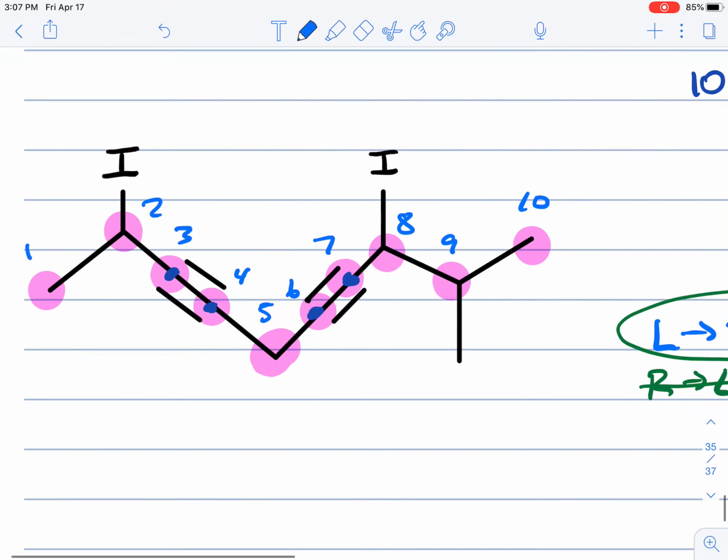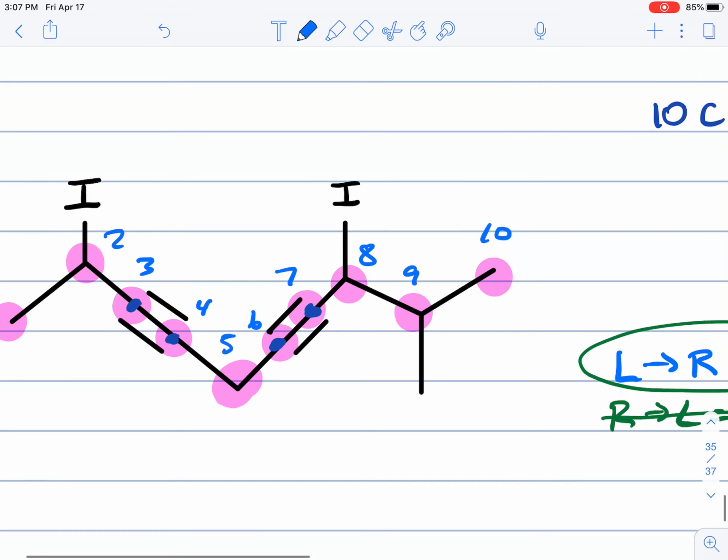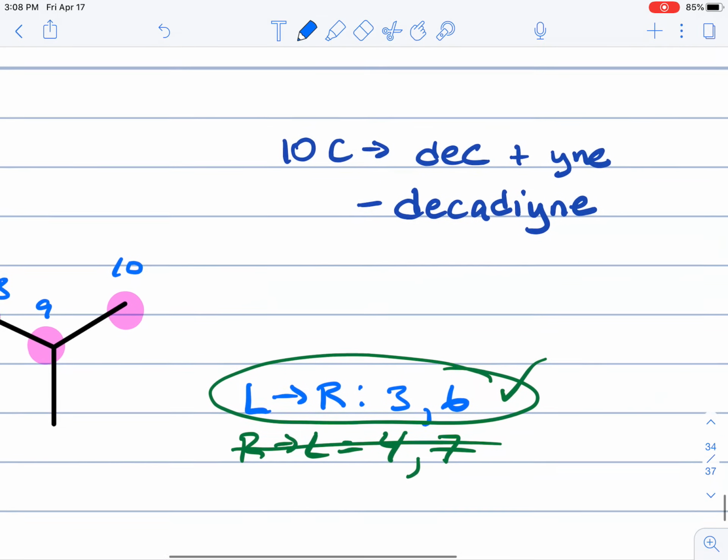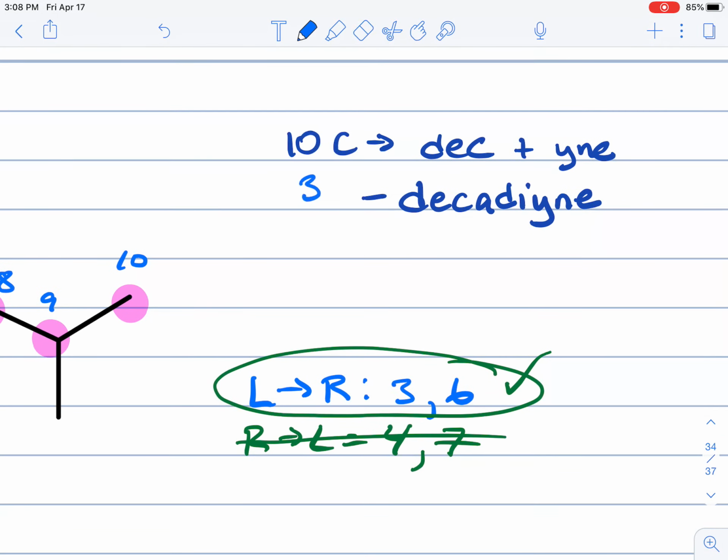Now that I have my numbering system intact, at carbon 3 and at carbon 6 I have my triple bonds. So I'm going to put in 3, 6, and this 3, 6 is going to represent the di-yne. And the dec, or the deca in this case, is going to represent the 10 carbons.